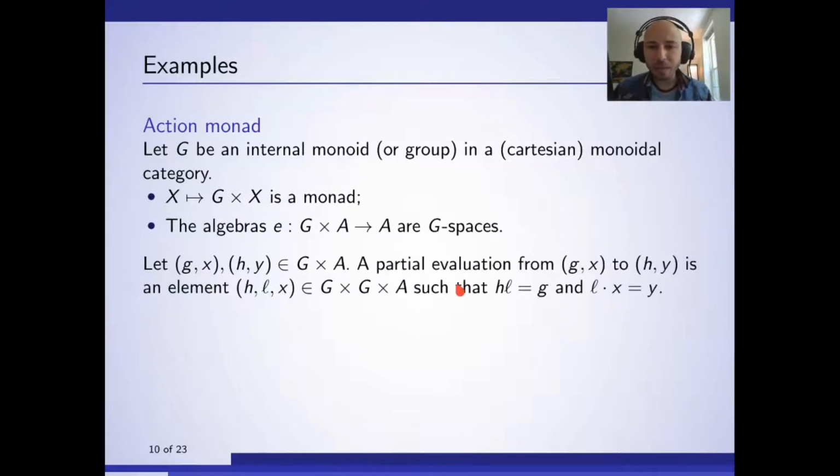Now, plugging in a partial evaluation from this to this, if it exists, is an element of TTA, so G times A, such that HL is G and LX is Y. So this looks a bit abstract. What it means is G, so this amount of gas, is actually this amount of gas together with this amount of gas. So let's partition our gas tank.